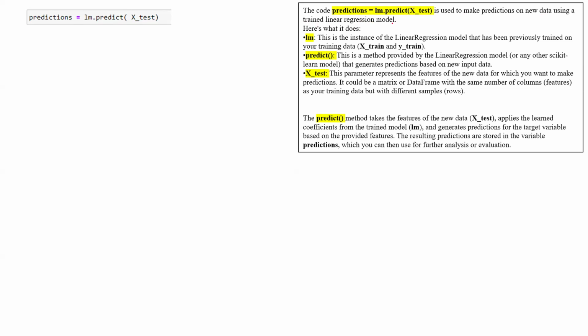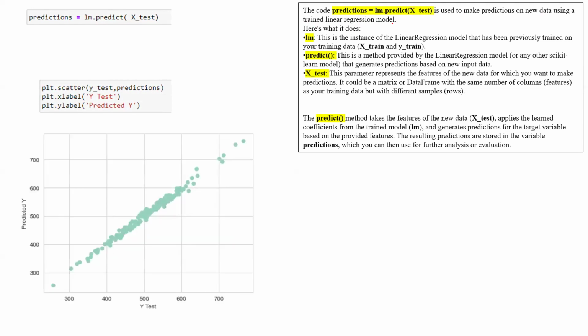Remember that we already used those X and Y's to train the model. Now we're going to test it. You can also visualize this using a scatter plot. This is your Y test, the predicted Y. Looks pretty nice.